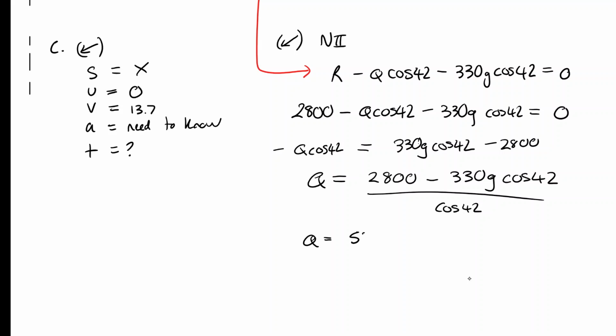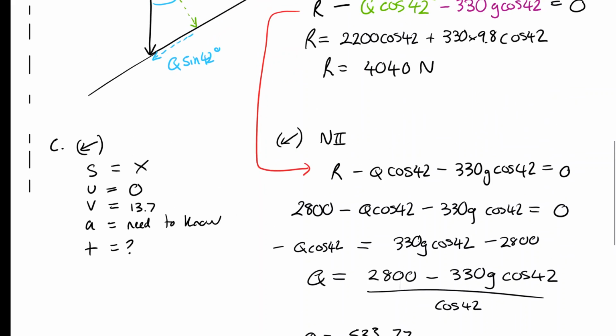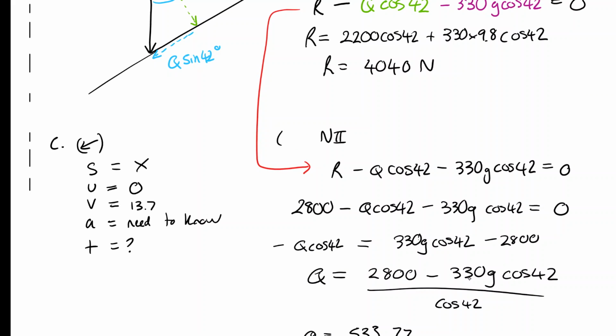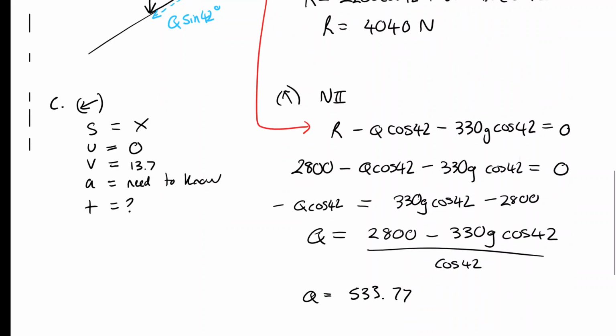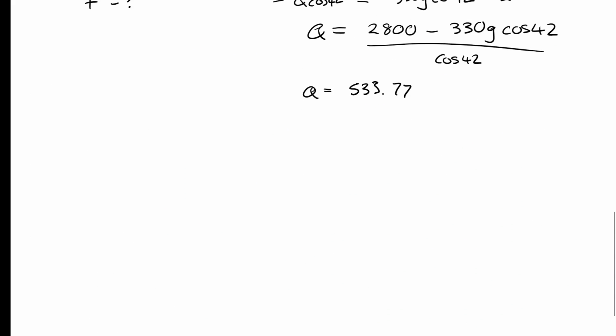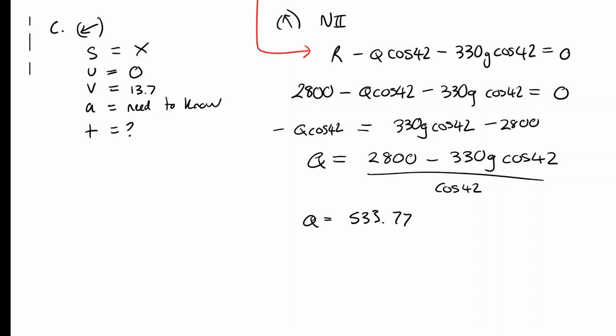Q must be 533.77 newtons. Okay. Then we can resolve, the wrong sign has been used up here, we're resolving into, so out of the slope, like that. Then if we want to get the acceleration, we need to consider applying Newton's second law parallel to the slope, and we'll work to the left.